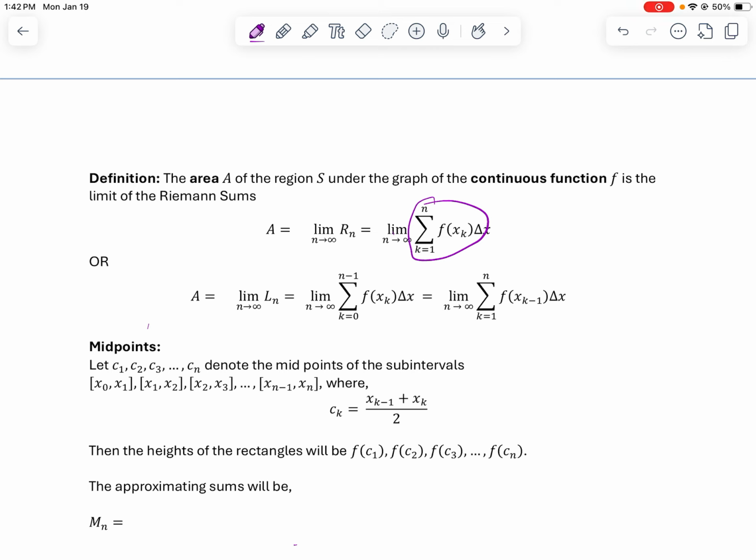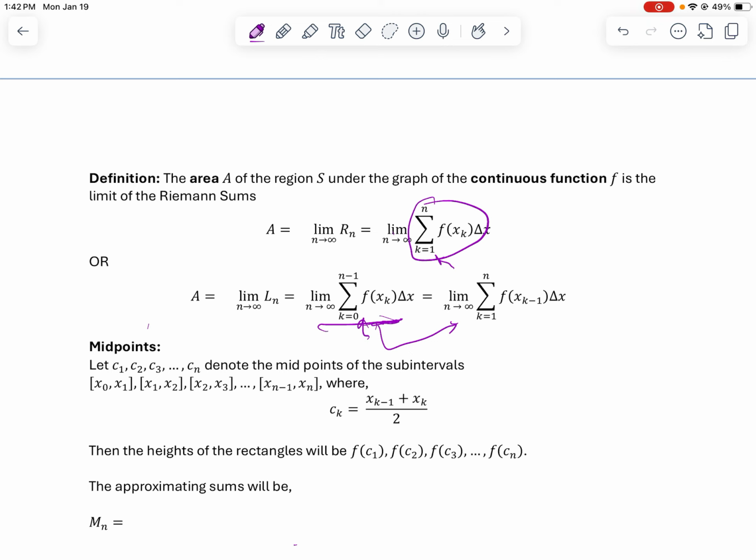But now here you can see the indices have different values. In the first case, k went from 1 to n. Over here, k went from 0 to n minus 1. We can rewrite this summation expression by changing the values of the index.